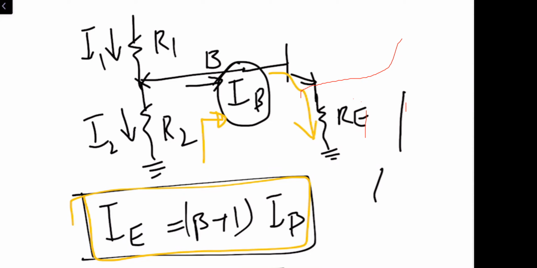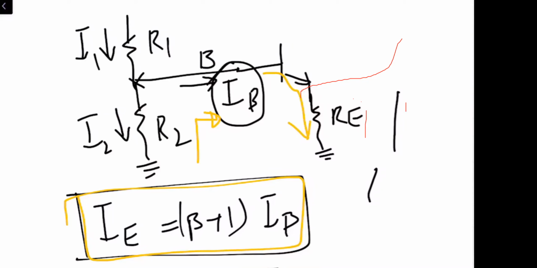So the current flowing over here in the emitter is IE, but the comparison being made over here is I1, I2, and IB. So the resistance which is going to be seen by the base will be enhanced by beta plus 1 times. Are you getting this point?